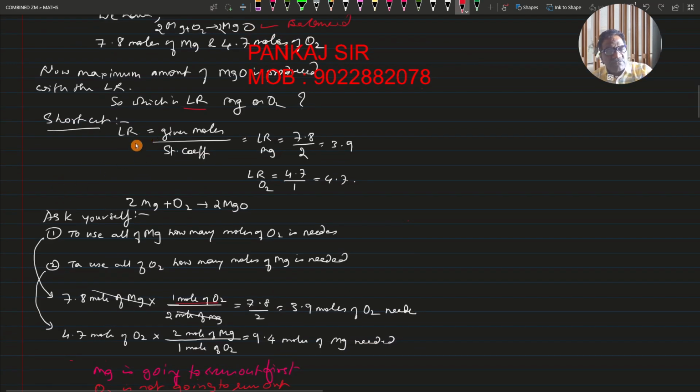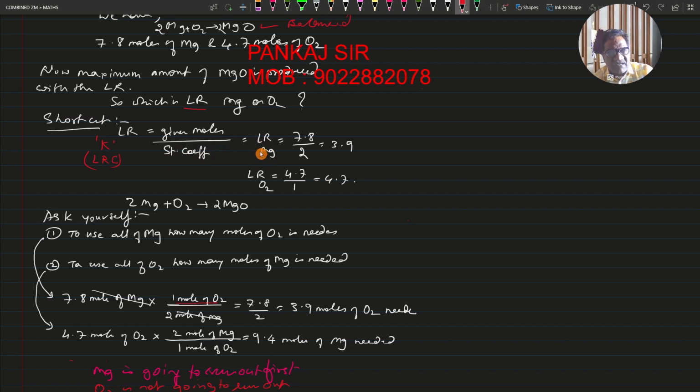You have to use the formula for K, and K is nothing but the limiting reactant constant, you can say. LRC, limiting reactant constant K. It is given by the formula: given moles of that particular reactant divided by the stoichiometric coefficient of that particular reactant.